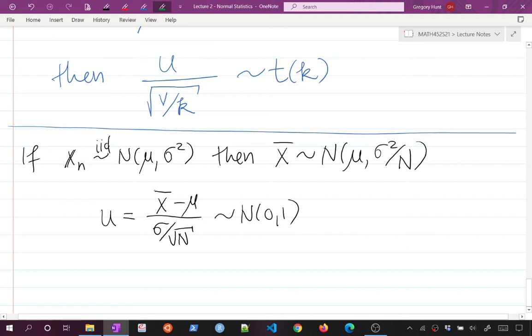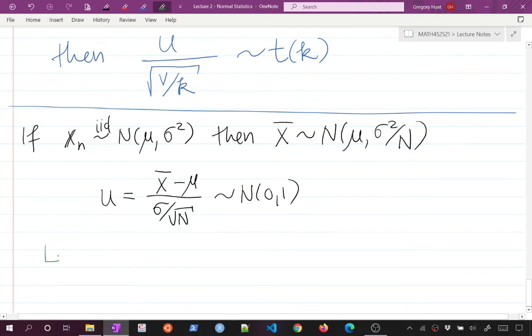Well, x bar has a normal distribution, and all I'm doing is subtracting stuff from x bar and dividing x bar by quantities, right? These are all constants. Mu is a constant, sigma is a constant, n is a constant. And I can linearly transform, say, a normal random variable, x bar, and it will stay normal, right?